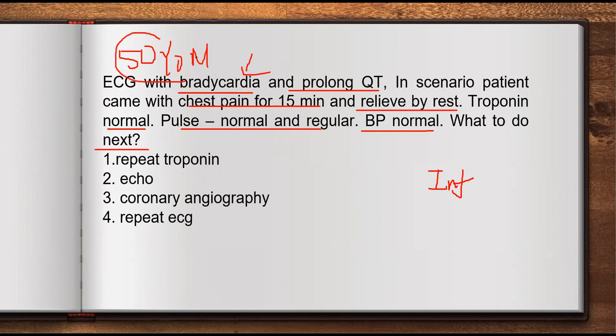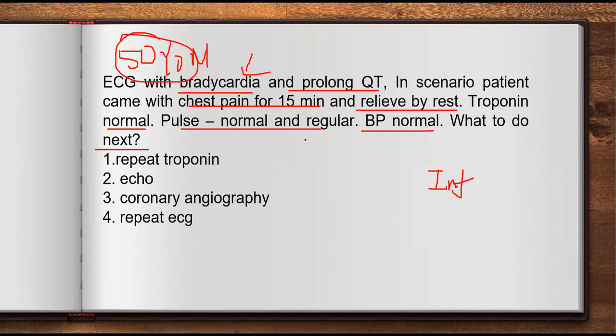So it's a middle-aged patient having chest pain. Even if it is relieved by rest, we will always do the full cardiac investigation, which means that you need to at least do a repeat troponin and repeat ECG after the initial 4-hour ECG and troponin comes normal.